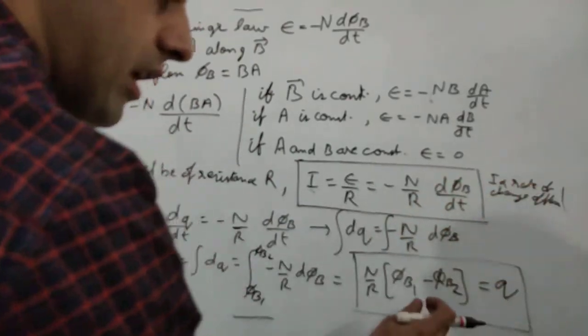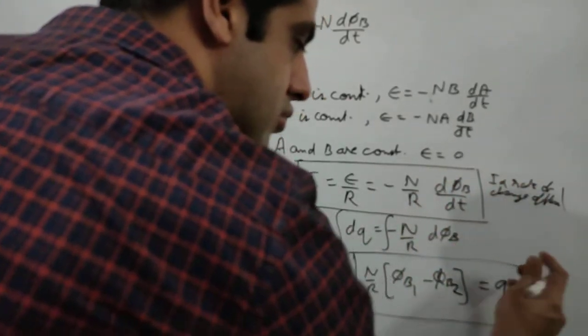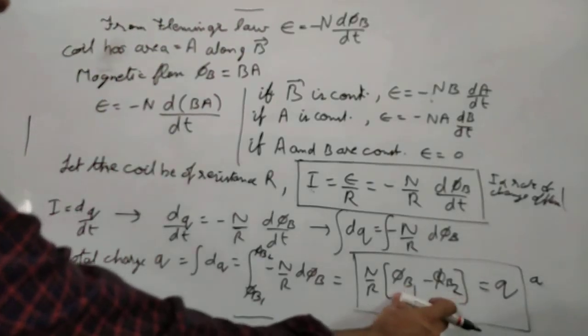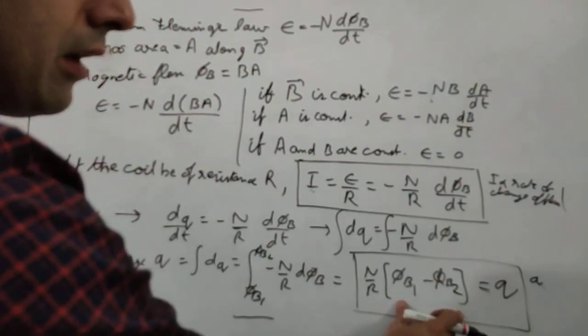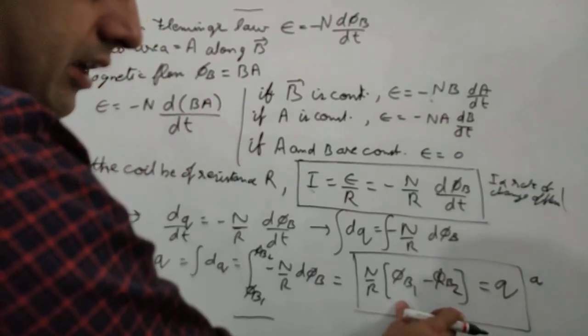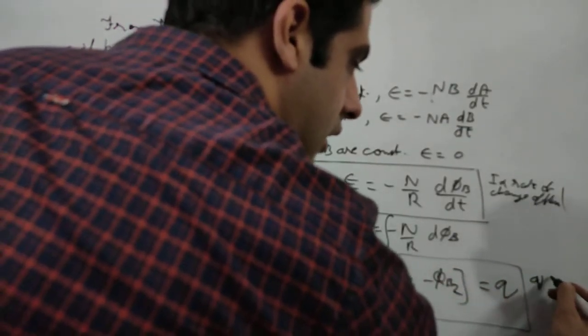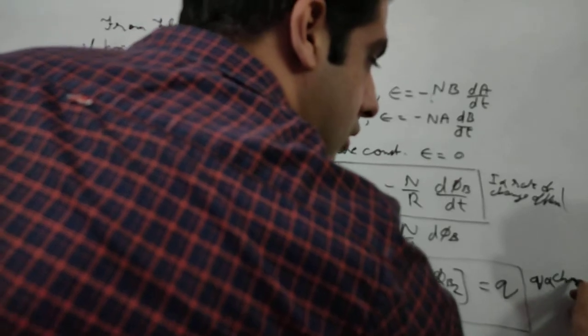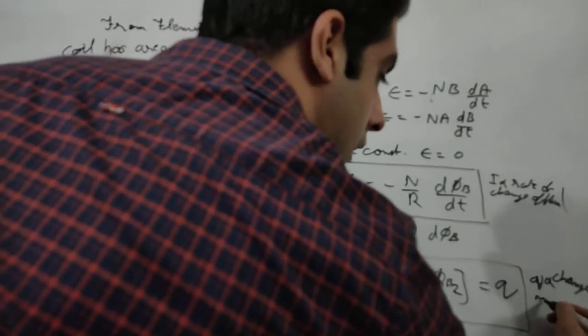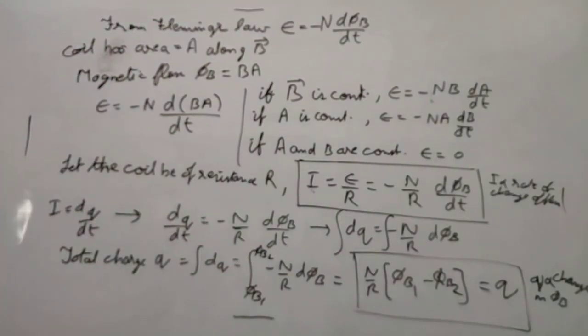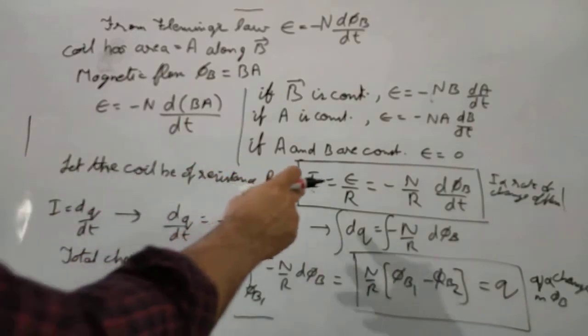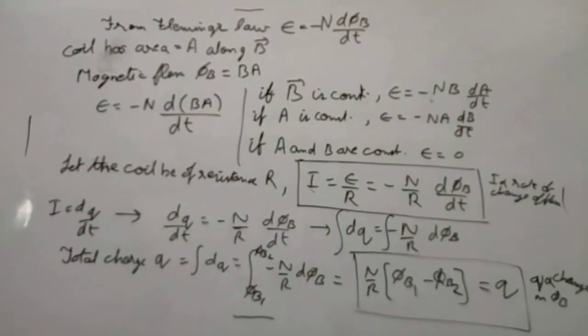While the induced charge does not depend upon the rate, it only depends on the change in flux, the difference of final magnetic flux and initial magnetic flux. So we can write Q is proportional only to the change in flux, not on the rate of change of flux, but just on the change in flux. So these are the important things that you should remember, and these formulas we can use to find induced current and induced charge.